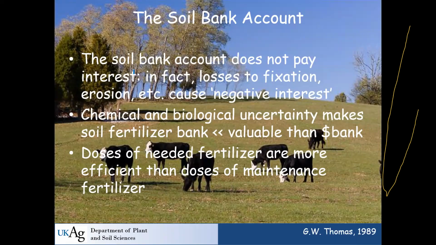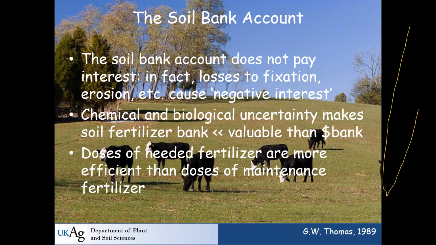My colleague, Grant Thomas, who's passed away, had this thing to say about people who put nutrients in the soil bank account, or you might say in the soil. He said the soil bank account does not pay interest. In fact, because of chemical losses to fixation and erosion, the minute you put nutrients in the field, you're going to have negative interest. You're going to have nutrients that never make their way into a plant, giving the plant economic value.